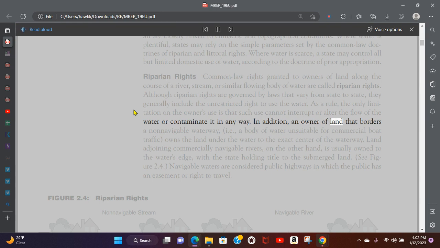In addition, an owner of land that borders a non-navigable waterway, i.e., a body of water unsuitable for commercial boat traffic, owns the land under the water to the exact center of the waterway. Land adjoining commercially navigable rivers, on the other hand, is usually owned to the water's edge, with the state holding title to the submerged land.